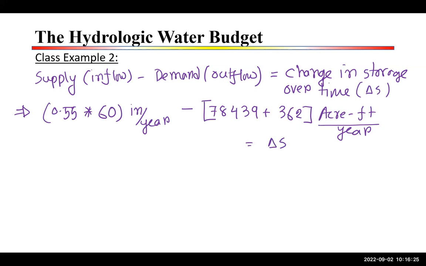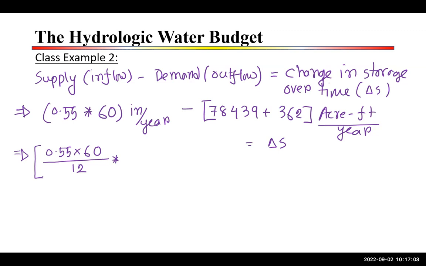Now we can't compare values with two different units, right? We need to convert that into the same unit. So let's convert that inch per year into acre feet per year. How can we do that? The first thing is we need to convert from inch to feet, so we will divide that by 12, right? And how can we get the acre one? This is just the depth of the water, but we need the volume.